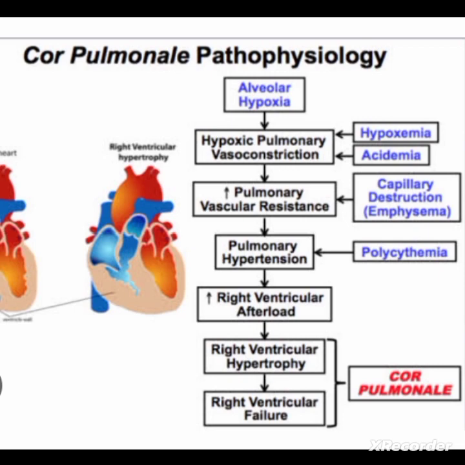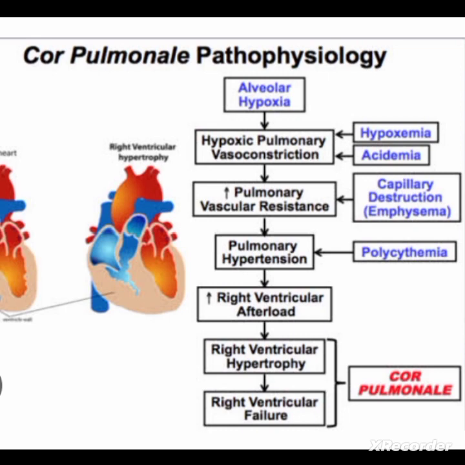Next one, pathophysiology of cor pulmonale. Any condition that deprives the lungs of oxygen leads to alveolar hypoxia. This hypoxia leads to hypoxic pulmonary vasoconstriction.